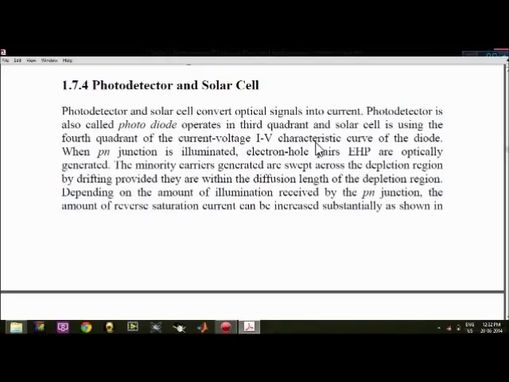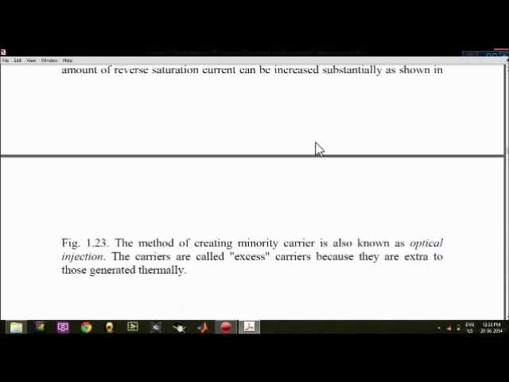In this case, what happens? Minority carriers are generated across the depletion region, within the diffusion length of the depletion region. Depending upon the amount of illumination received by the PN junction, the reverse saturation current increases substantially.